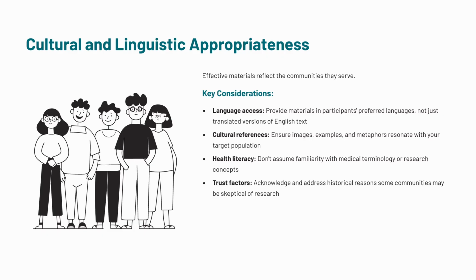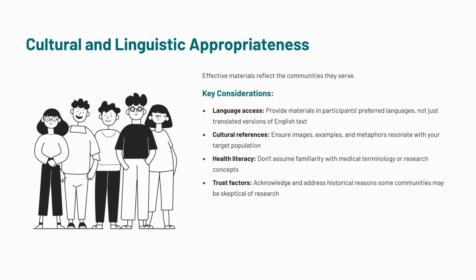Cultural and linguistic appropriateness is the next big item to consider. Trial materials should reflect the communities you're trying to reach. This means we need to be aware of varying literacy, languages, cultural values, and comfort levels with healthcare and research.